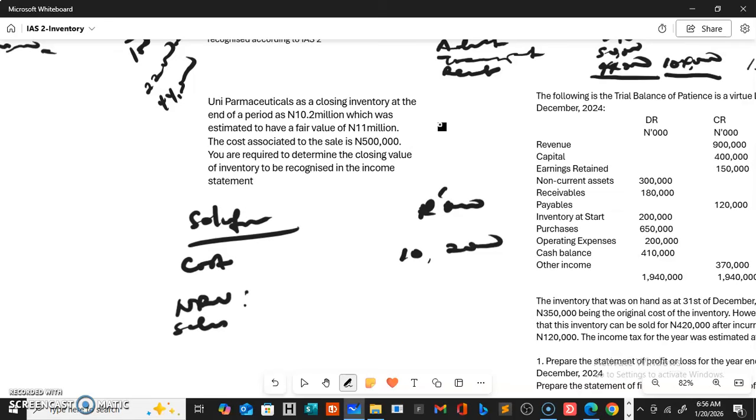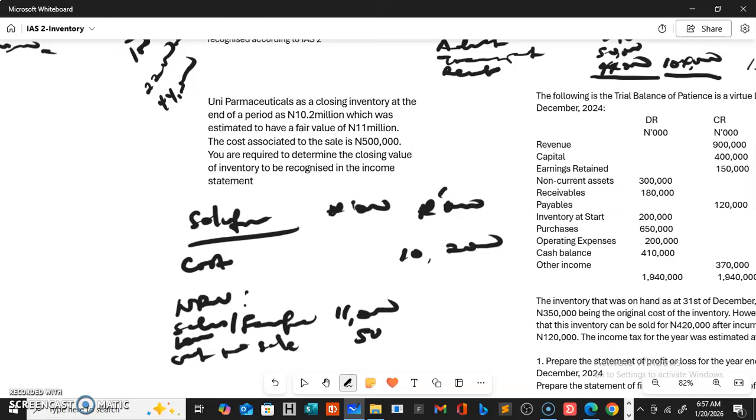We are told the fair value is 11 million naira. Less cost to sell, or cost of selling the item, which is 500,000. So at the end of the day we have 10,500.